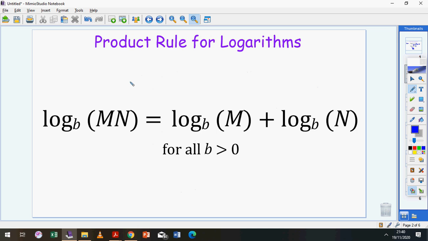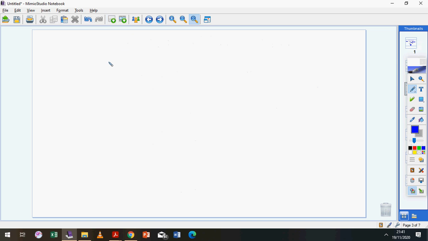Alright, let's look at the product rule of logarithms. We said that if you have a product of m and n, the logarithm of a product of m and n, then that's just equal to the logarithm of m plus the logarithm of n. Why is that? Let's start off with two things here.